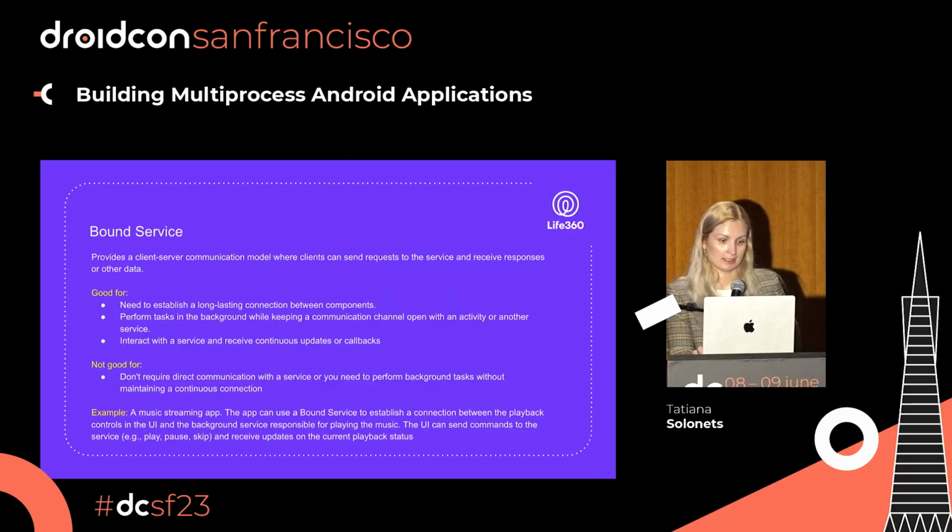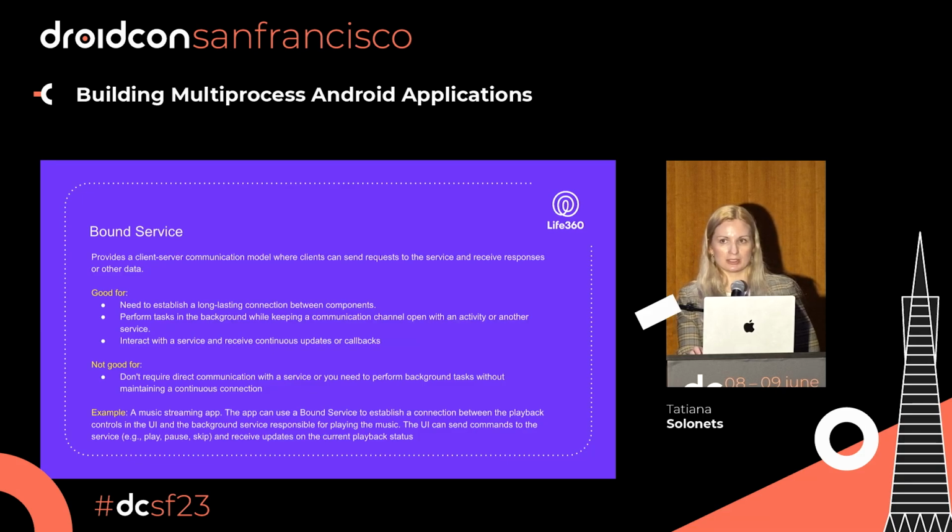Another one is bound service. This is a client-server communication model, good for long-lasting communication. It can go back and forth. It's a two-way communication. And what it's not good for is when you don't need to maintain long-standing communication.